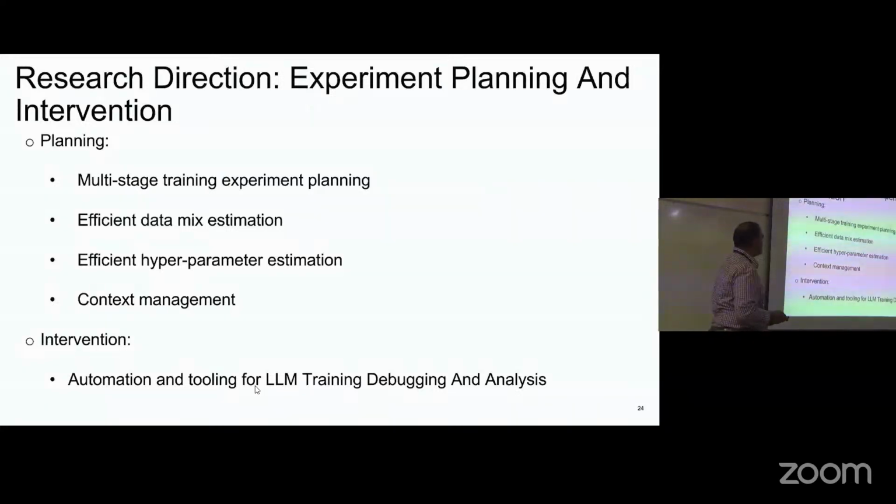So some research directions that we think might be interesting in this space are experiment planning and intervention. The idea is that when you are conducting experiments to train models, I think Shailaja mentioned training the model until you get better accuracy, right?